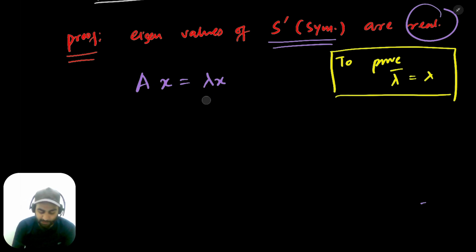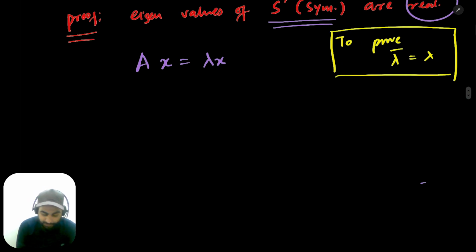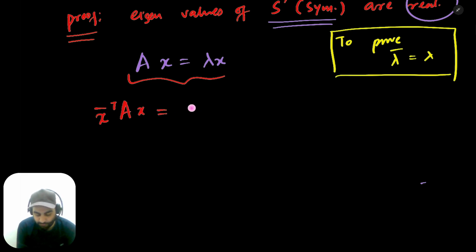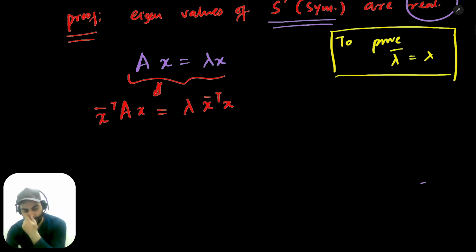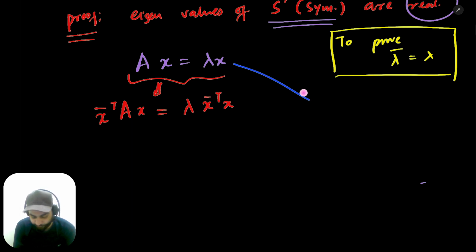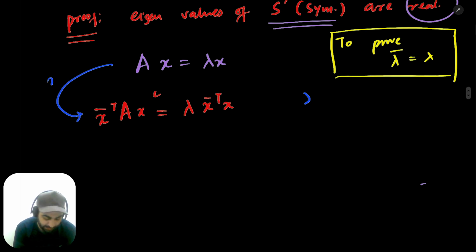Now let's see how to prove this. For the equation Ax = lambda x, I'll apply x conjugate transpose on both sides: x conjugate transpose A x is equal to lambda x conjugate transpose x, since lambda is a scalar and I can take it out. That is what I got by applying x conjugate transpose.